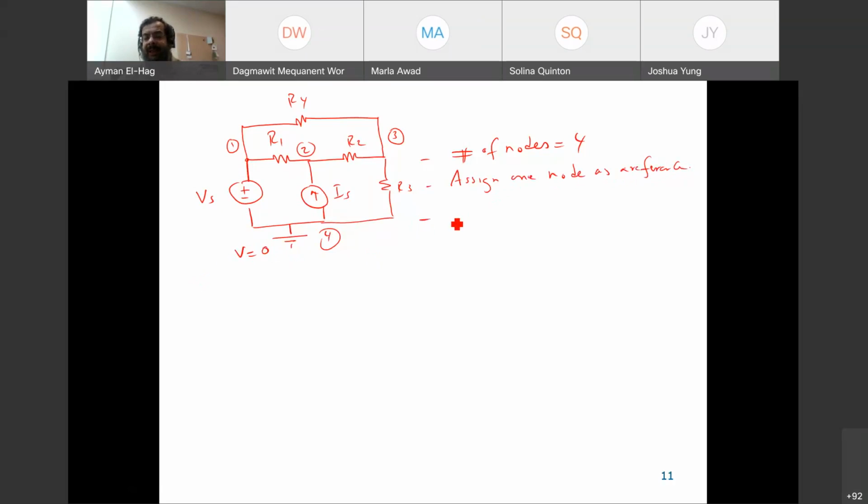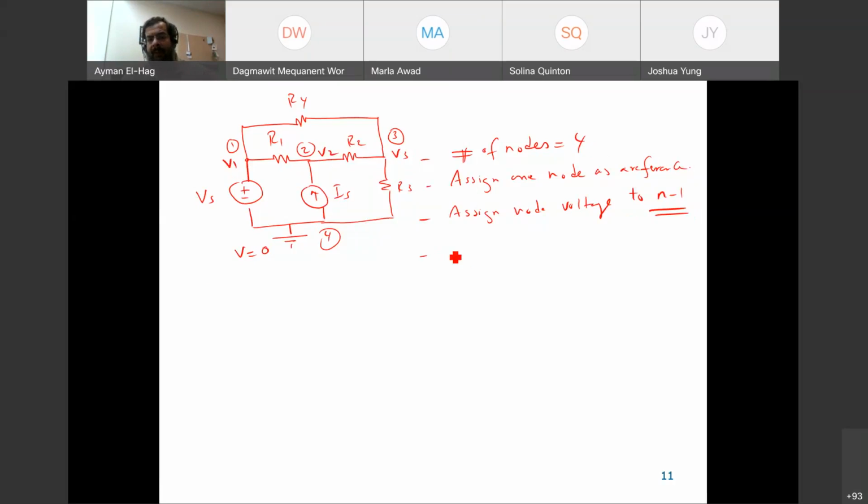Number 3, assign nodal or node voltages to the n-1 nodes. Here n is equal to 4, so here we have 3 other nodes. These are called V1, V2, and V3.